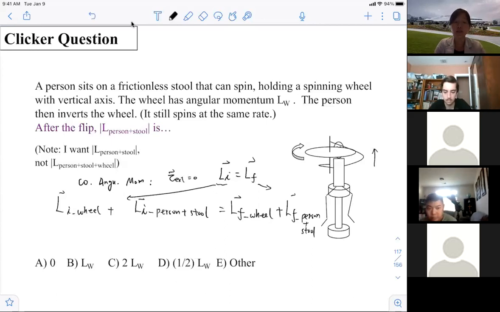What is the initial momentum of the wheel? The wheel originally is spinning with an angular momentum LW, and we said we just call that positive. So I'm going to say this is L of the wheel. What is the initial momentum of the person plus stool? What do you think?